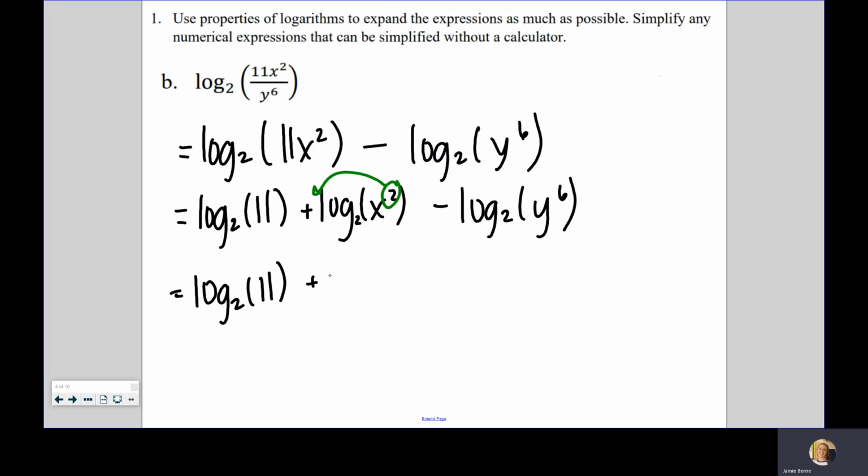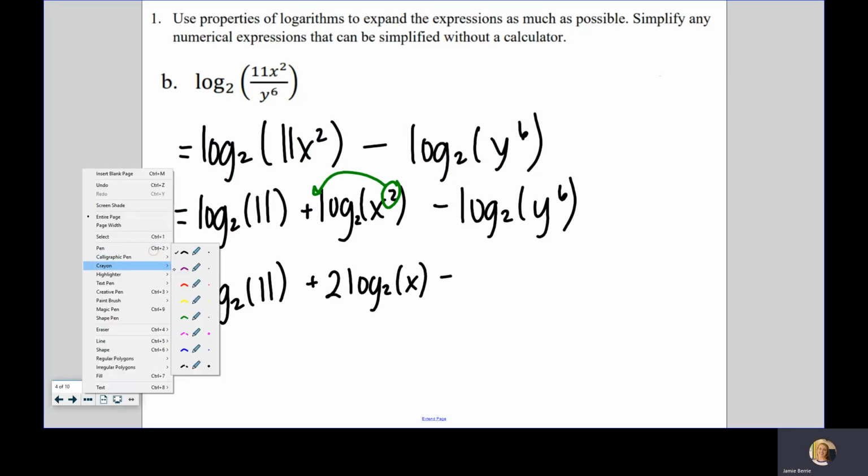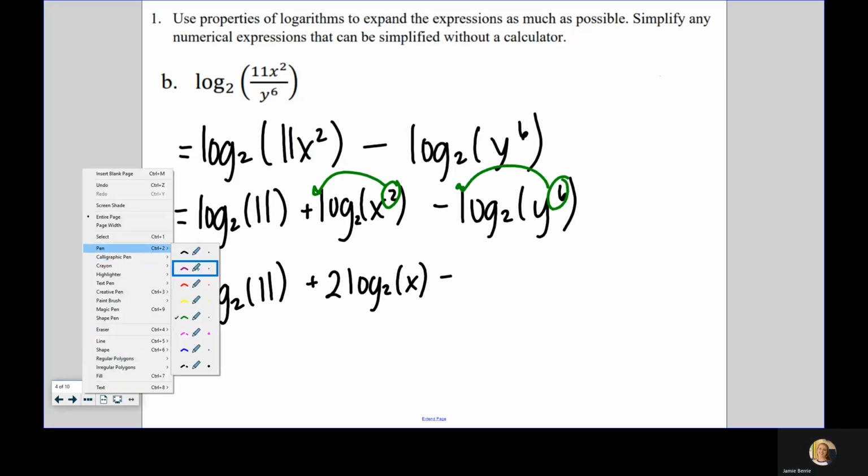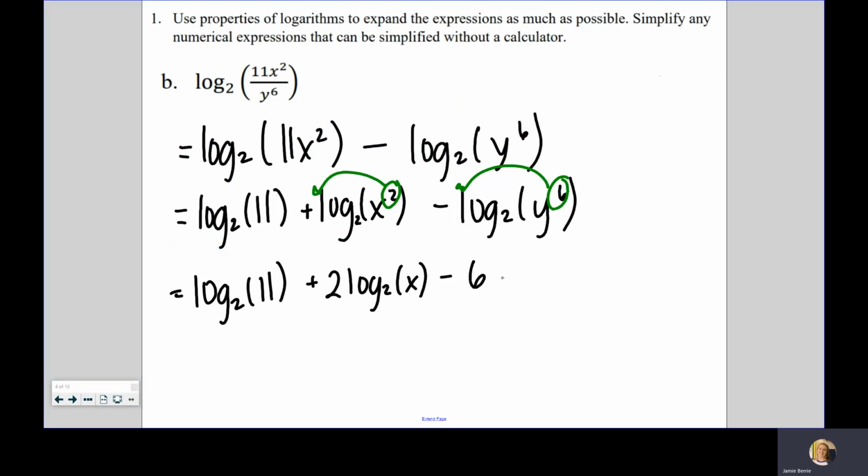So we have plus 2 times log base 2 of x minus, I'm going to do the same thing on the last term. I'm going to use the power rule to bring my 6 out front. So that becomes 6 times log base 2 of y.